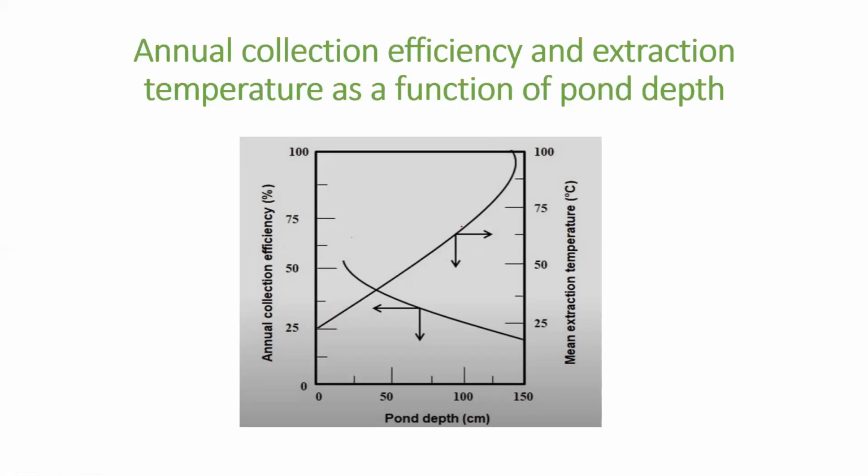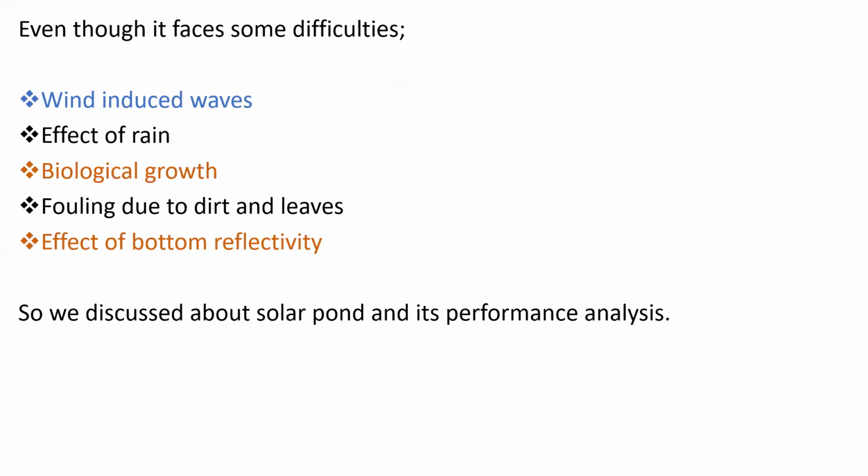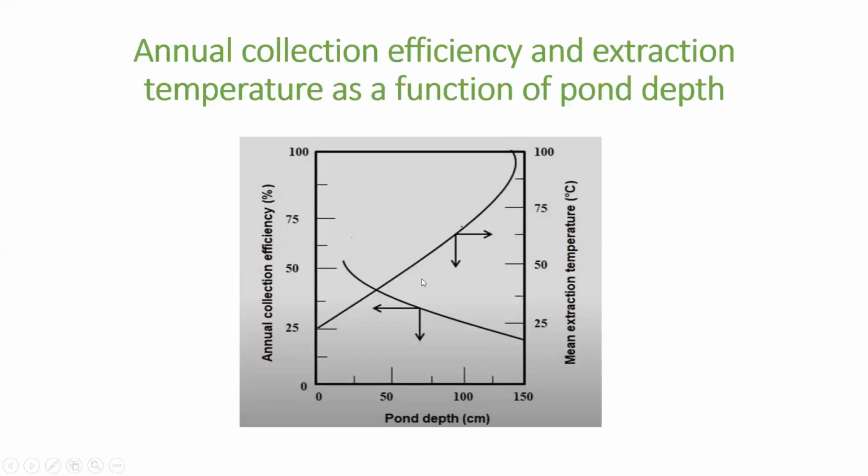This graph shows annual collection efficiency and mean extraction temperature as a function of pond depth, from Weinberg, used with permission. It was plotted by Weinberg, but later investigations seem to indicate that Weinberg's analysis overestimates these values.